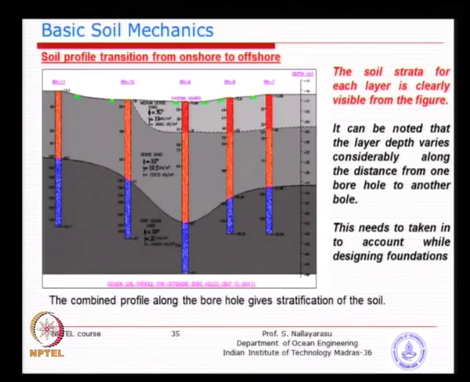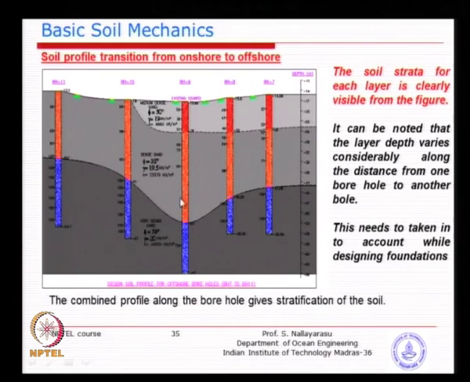So, typically a profile needs to be obtained if you are having a complex of structures. For example, 3 or 4 structures in the region, you collect information from structure 1, structure 2 and structure 3. You look at a profile how the soil changes, then you can interpolate. The idea of the whole activity is to make sure that the information at this location we do not know, but what we have done is based on the borehole on the left side, borehole on the right side, we think the soil could be of similar characteristics, variation could be like this.